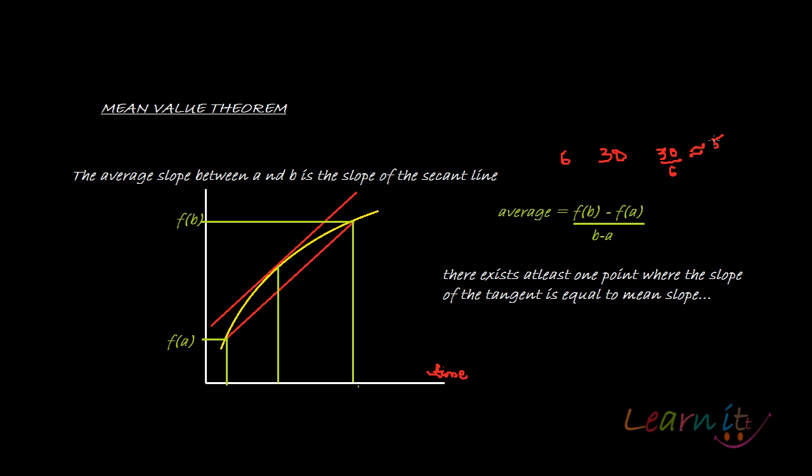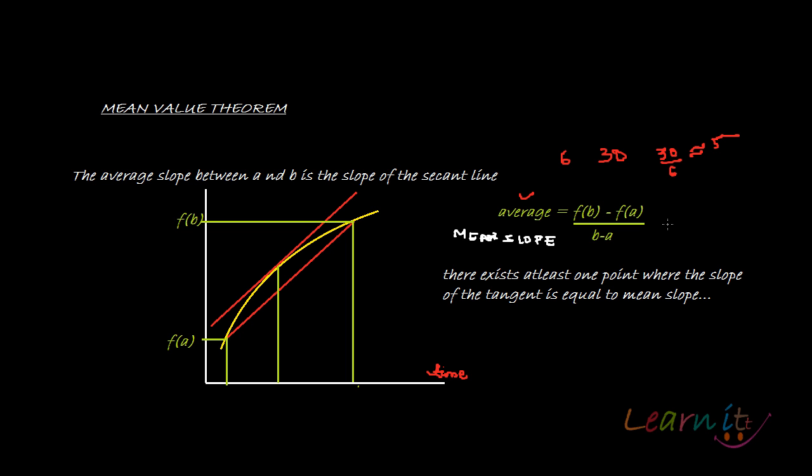Mean slope will be this average written out here. So f(b) minus f(a) upon b minus a will be your mean slope.